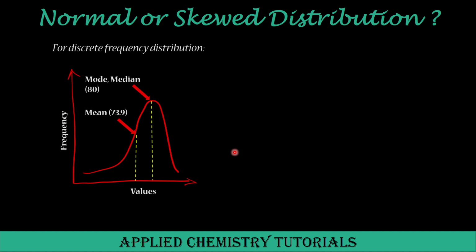For the discrete frequency distribution, we plotted values on the x-axis and frequency on the y-axis. The topmost point of the frequency curve represents the mode, which is 80 for the discrete frequency distribution.